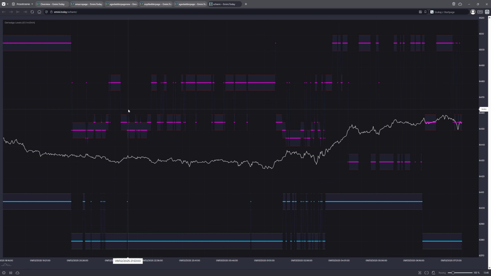But the pattern is definitely there, and for now, this is the best I could come up with. This is a live chart, so this is from today, and not every day is the same.